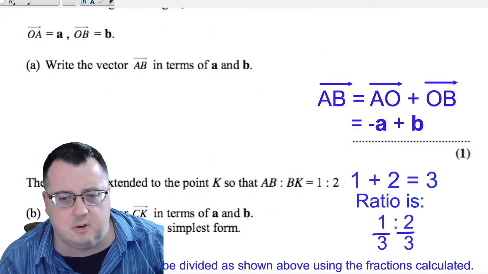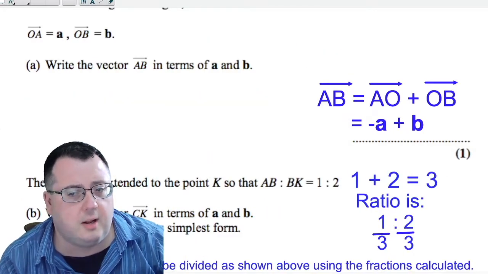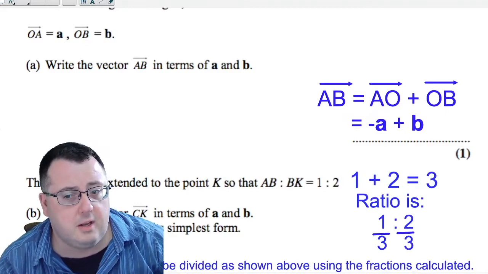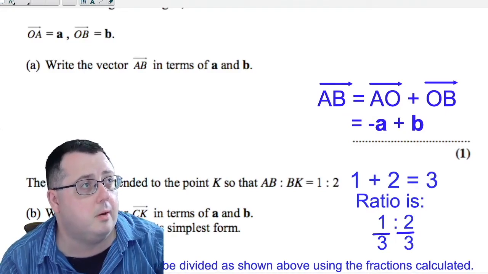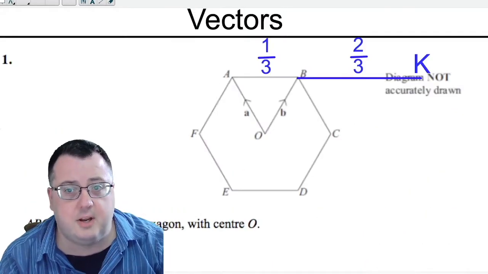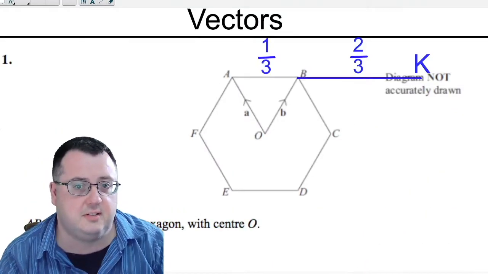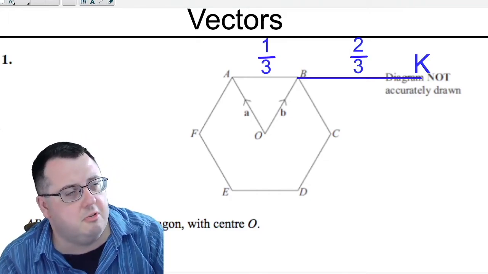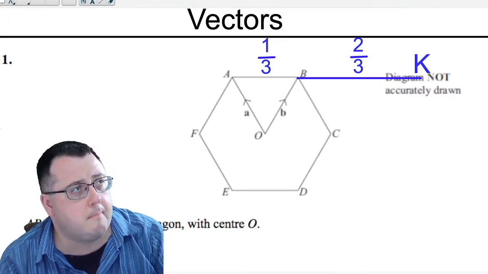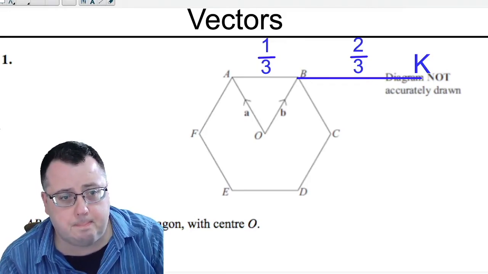So 1 to 2 as a ratio means 1 plus 2 to get 3, and then you're looking at 1/3 to 2/3 as the ratio. So that picture at the top now should make sense. AB is going to be 1/3 and BK will be 2/3. Does the picture make sense? Good.